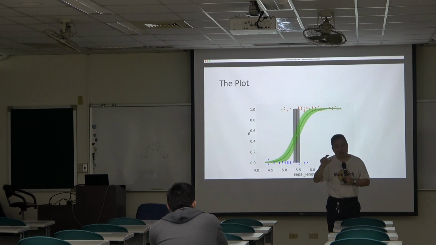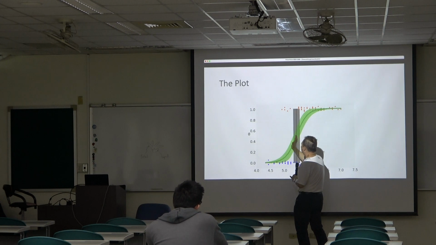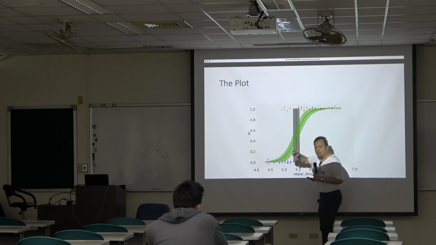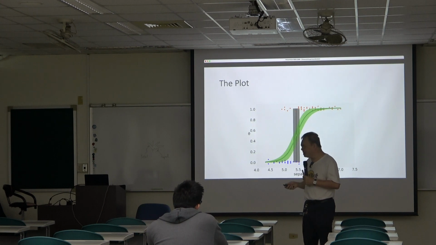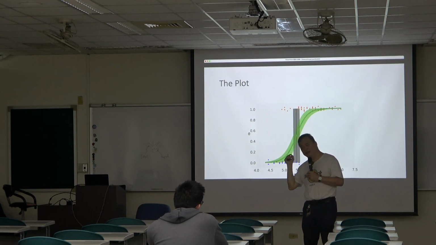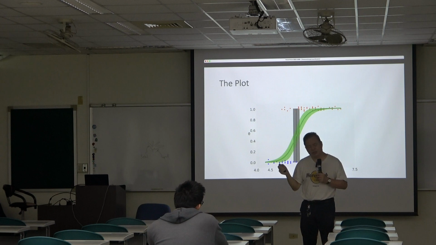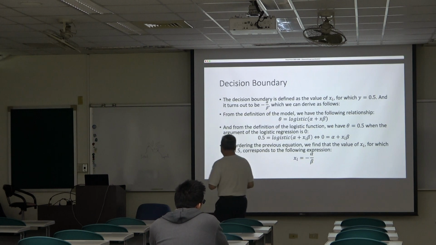The change happens quickly at the center because you can see the slope in the center is much steeper than the slope at the two ends. So when you try to explain the impact of the beta, the impact is not linear because of the logistic function we use as the inverse link function. So it's more difficult to explain.